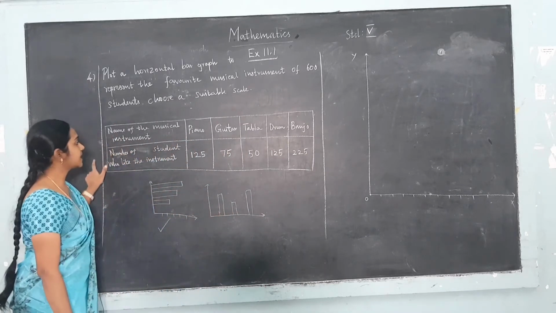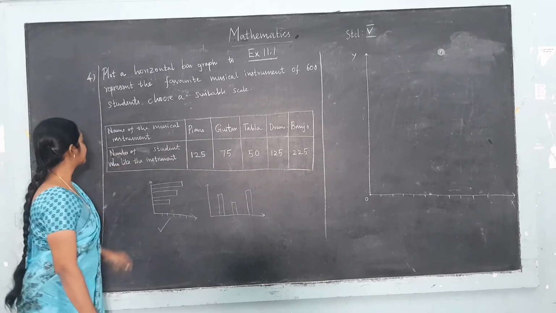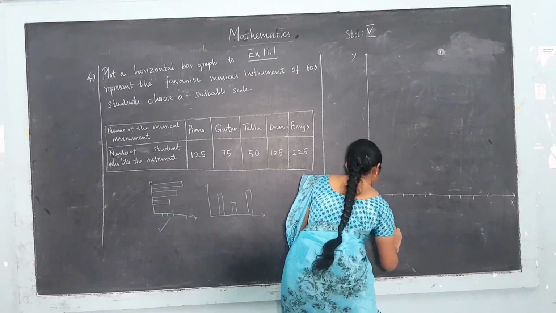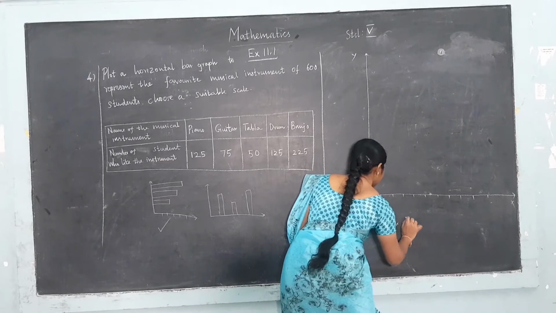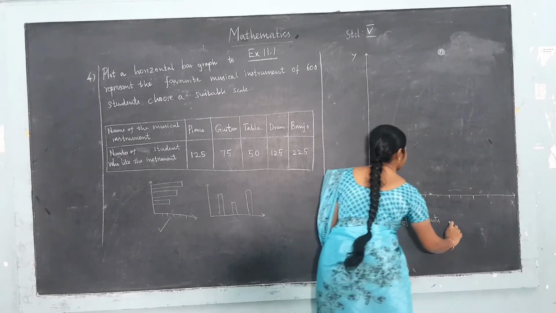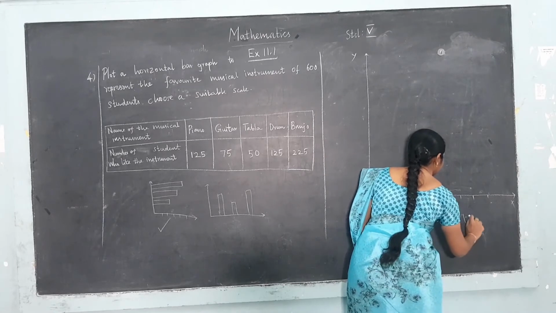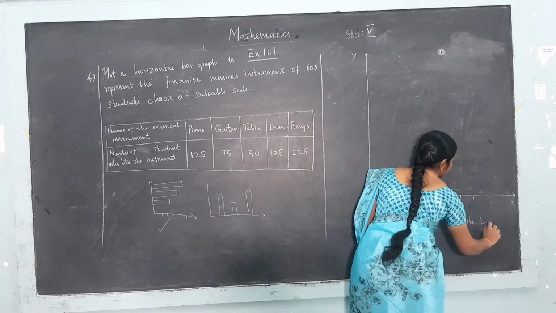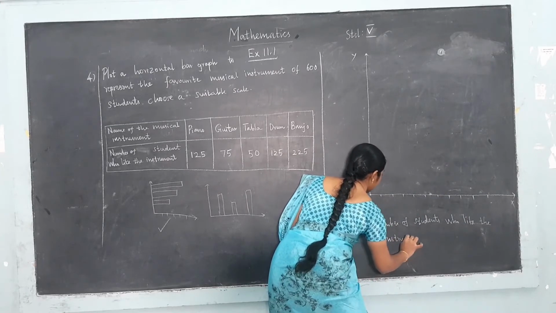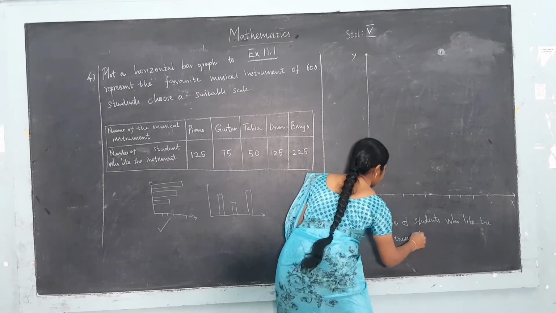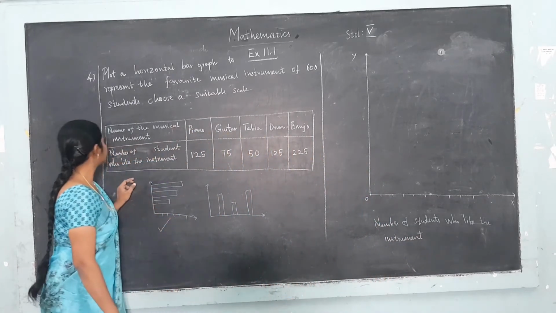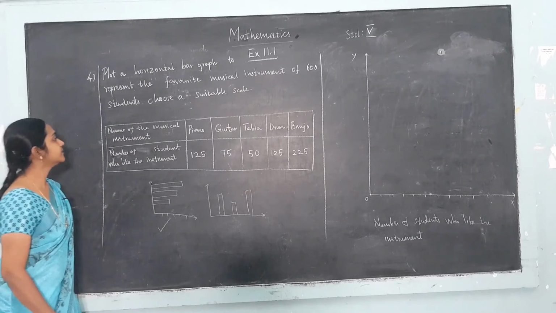In x-axis, I am going to represent number of students who like the instrument. And in y-axis, I am going to represent name of the musical instrument.